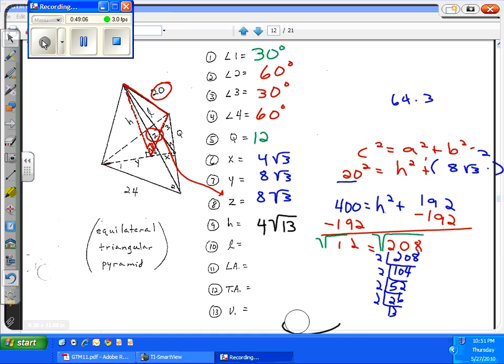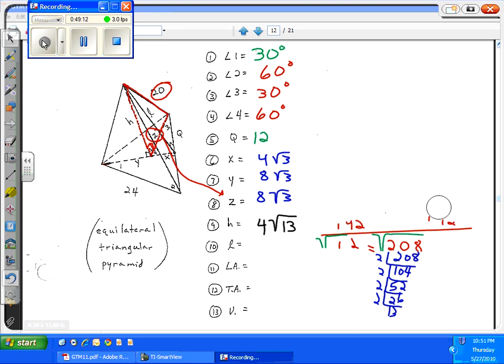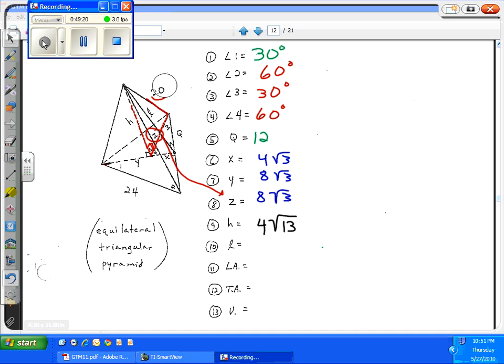Now we need to find the slant height or the lateral height, L. So let's clear up our workspace. These are big problems here, or challenges you might want to call them. Don't call them a problem, it'll intimidate you. Okay, so now we want to find the slant height.